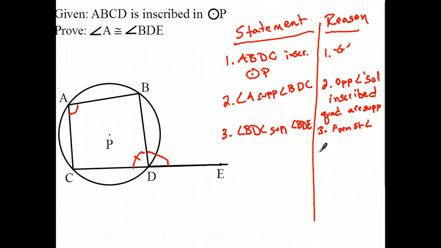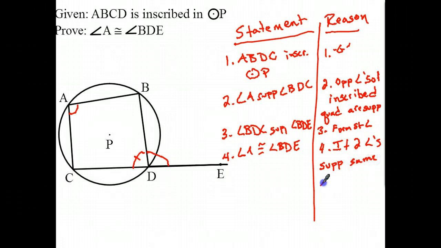If two angles form a straight angle, then they're supplementary. And then finally, we can say that angle A is congruent to angle BDE because if two angles are supplementary to the same angle, then they are congruent. So that's a nice little four-step proof.